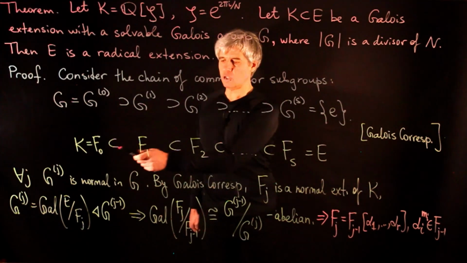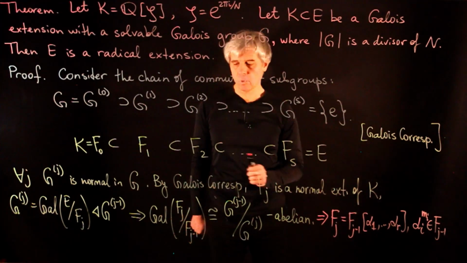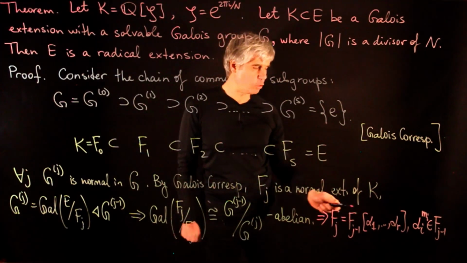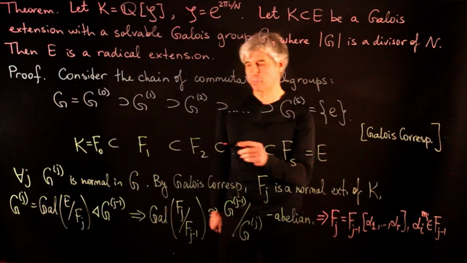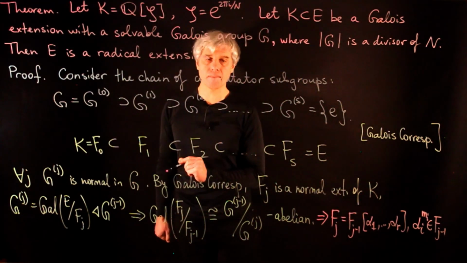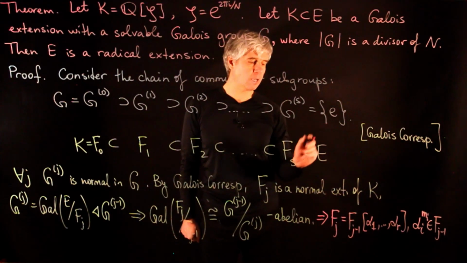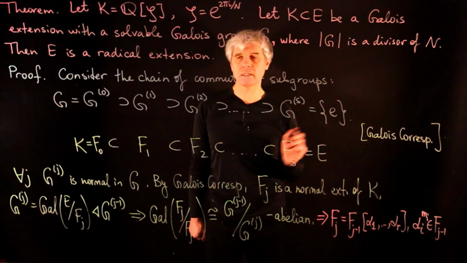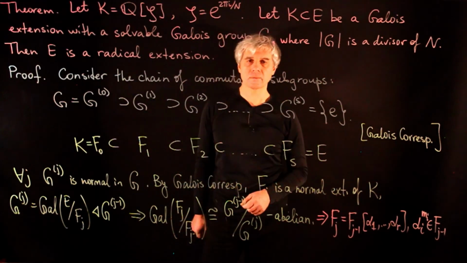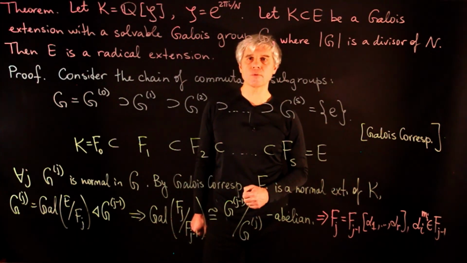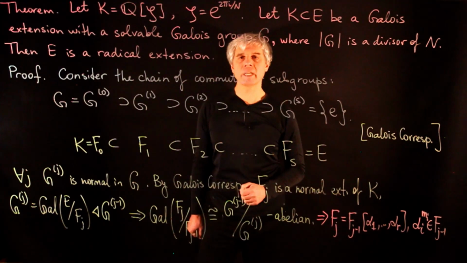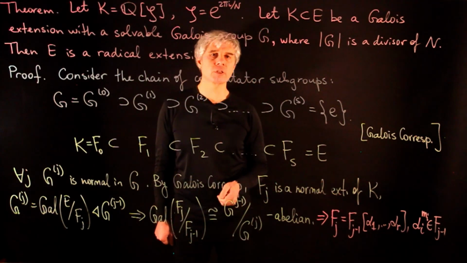So we get a chain of field extensions where at each step we adjoin several roots of elements from the previous field, which means that our field E is a radical extension of K. Now we proved the fundamental result that a Galois extension of Q is radical if and only if the Galois group of this extension is solvable.